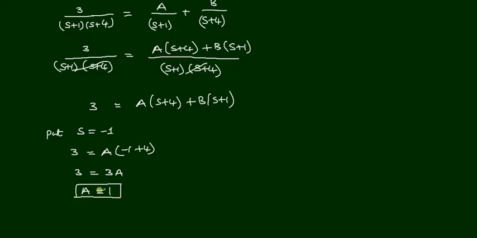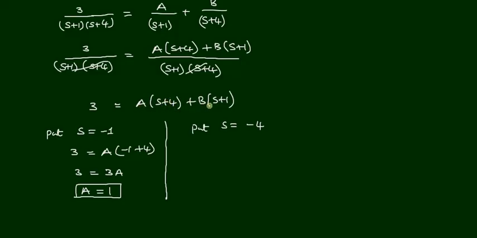So this is A. Similarly, we repeat the same process for B. Put s equal to minus 4. Now A becomes 0, because minus 4 plus 4 is 0, and 0 into A is 0.